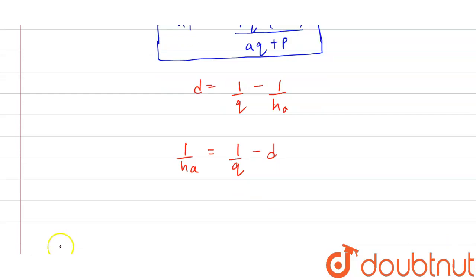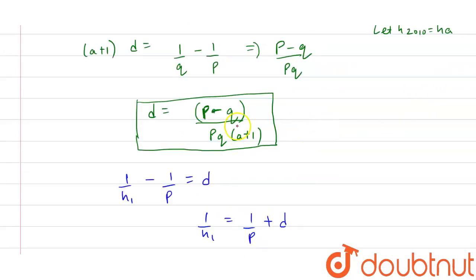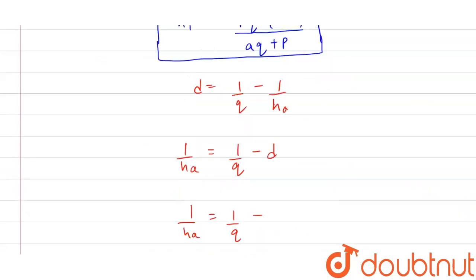Similarly, we know that 1 by ha is equal to 1 by q minus d, and the common difference d is (p minus q) divided by pq multiplied by (a plus 1).